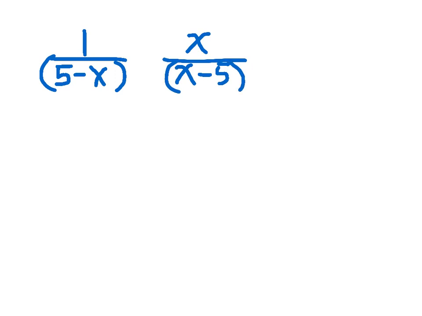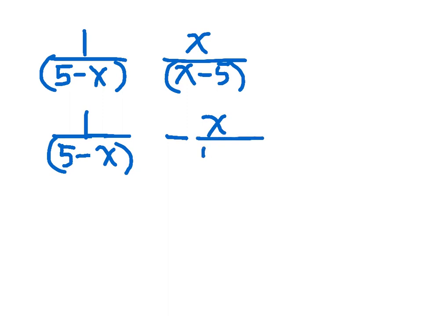However, if you remember, they are related. One of them is the opposite of the other. So if I rewrite this as 5 minus x, I can take the opposite of this fraction and call this one 5 minus x as well. Okay, I'm running out of gas here. And now I have a common denominator. Easy peasy. More on that tomorrow.